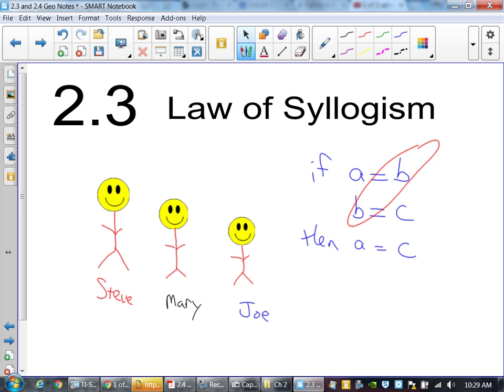When we get to conditional statements and we start writing things out with this law of syllogism, Steve is taller than Mary. Mary is taller than Joe. If you start to write that out long form, Steve is taller than Mary. Mary is taller than.